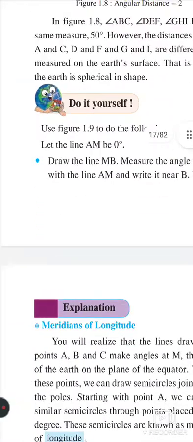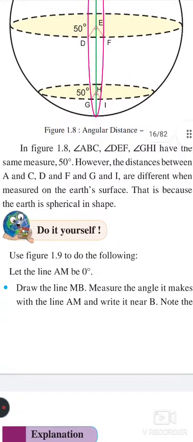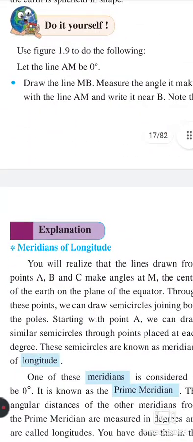Okay, so we gathered more information about the earth and its spherical character. Due to this character, we make the longitude and latitude, through which we can locate any place or person with the help of degree calculation.